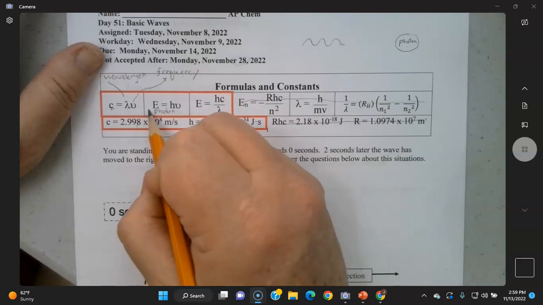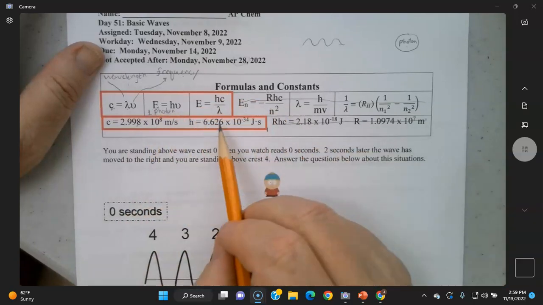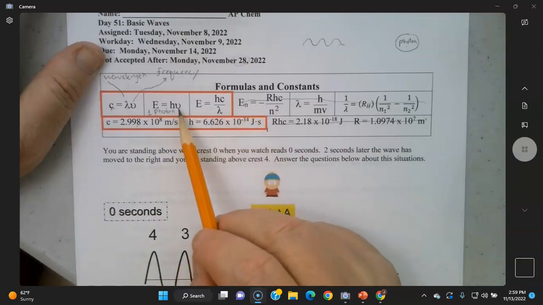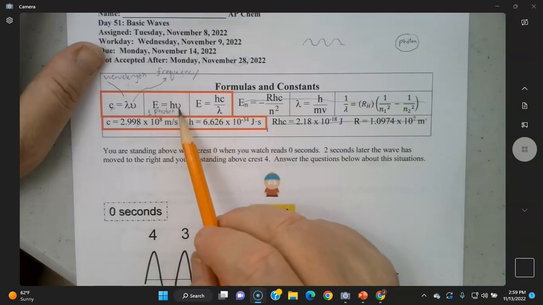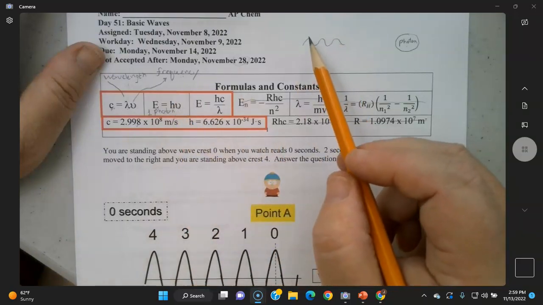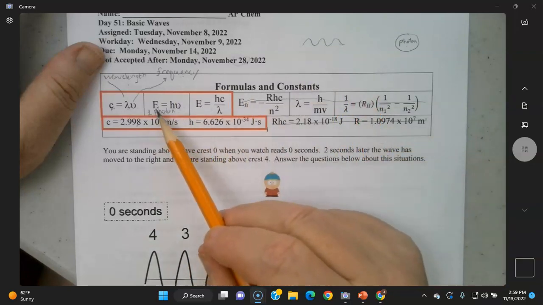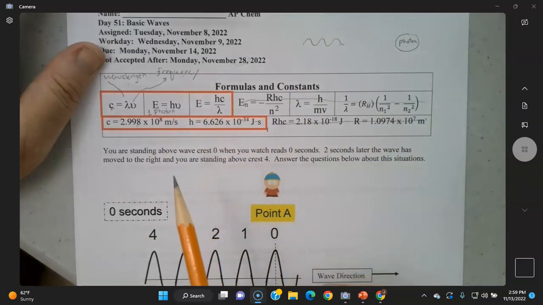The energy of one photon, I'm going to put a 1 there, is equal to something called Planck's constant, which is this number. It's a constant, it never changes, times the frequency. There's that frequency, that letter nu again. So frequency is a characteristic of a wave, how many times it goes up and down, and E is how much energy is in one of these little balls of energy called a photon.